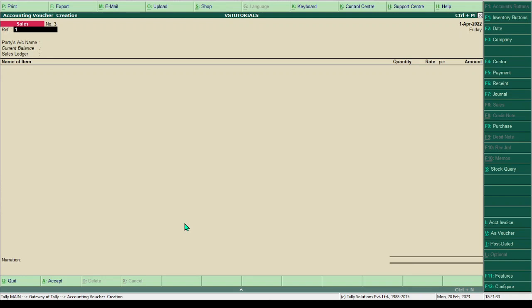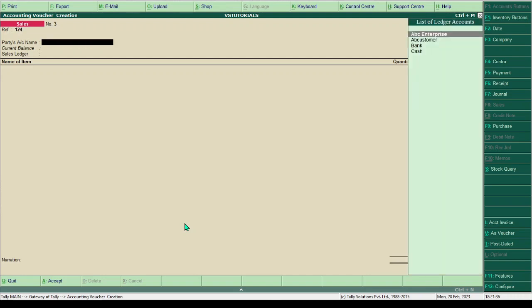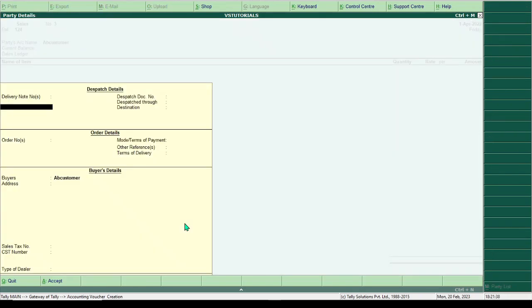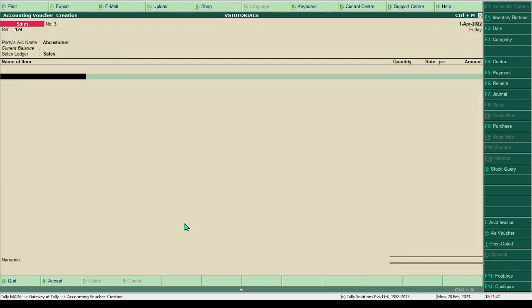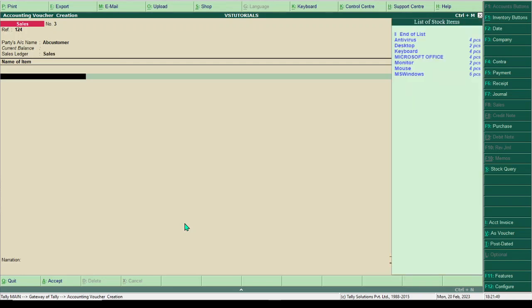give a reference number like 1 to 4 and we select our customer. We select sales, name of the item. Suppose we want to sell two mouse.